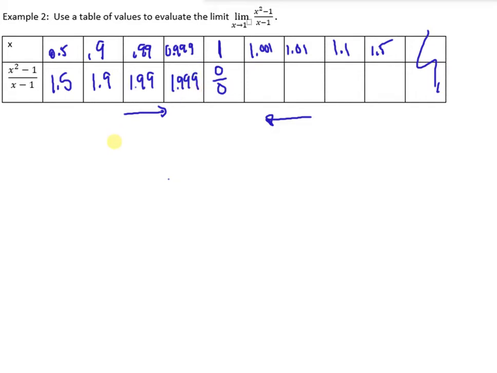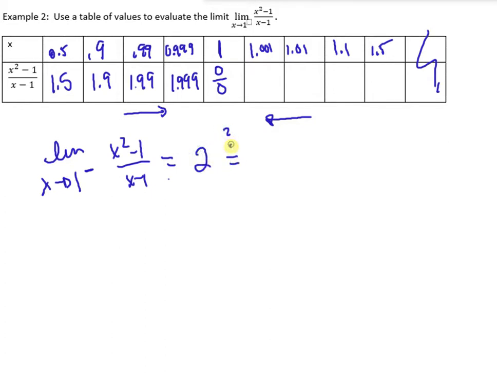Beautiful. So we can say the limit as x approaches 1 from the left-hand side of x squared minus 1 over x minus 1 is approaching 2.